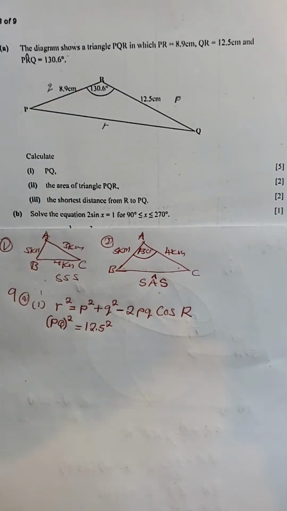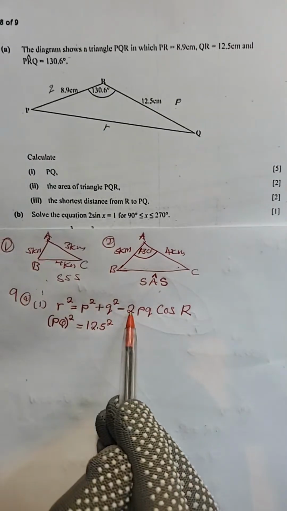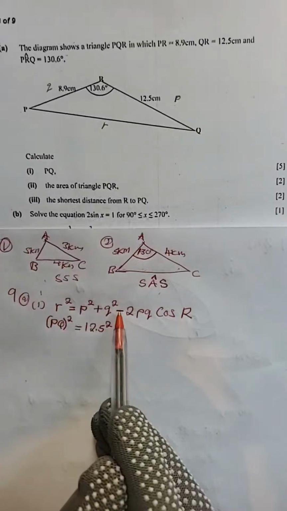Now, this is a concept that I can spend 5 or 15 minutes explaining, coming up with a formula. But you don't need that if you are taking the O level. What you just need at this level is to know that always here is negative 2.